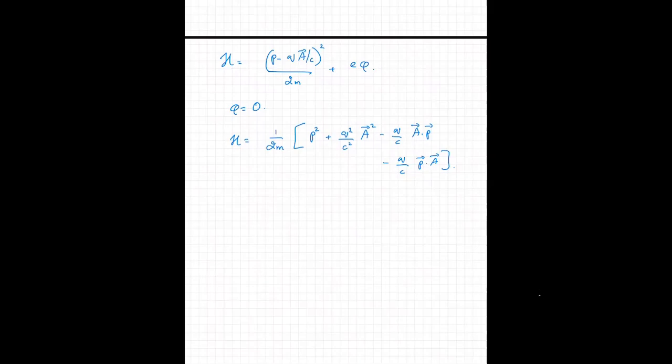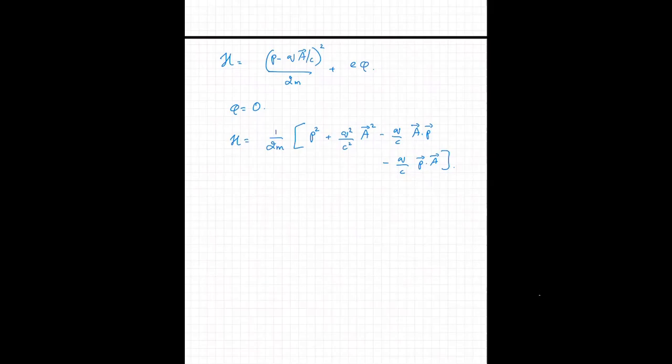H equals, now this is simplifying even further, minus 1 over 2m q over c A dot P minus 1 over 2m q over c P dot A. Okay. So now we have to understand the action of A dot P and P dot A, and since this is an operator, I have to act it on some function and basically understand what these two operators are.